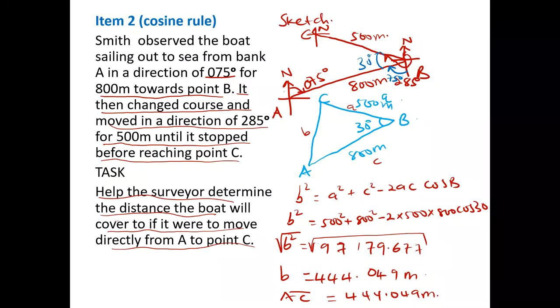For those who drew an accurate diagram, they were getting 450 meters. But here we can also use cosine rule to find the distance between 2 points, even in bearing. As long as you form a triangle and you know where to put those sides, you can still use cosine rule.